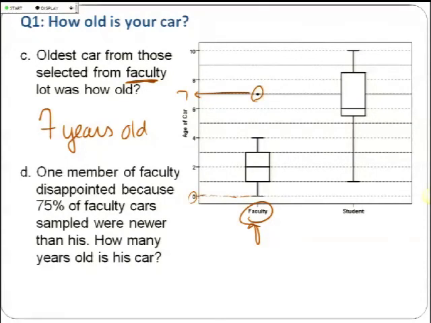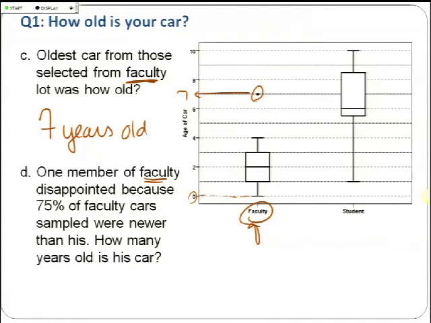All right, going to the faculty side again. We have that one member was disappointed. 75% of the cars were newer than his. So how old is his car? I know that a 75 or 25 kind of question means either Q3 or Q1, right? And you try maybe both out, because it does depend on whether it's 75 or 25 and which direction you're going from that point.